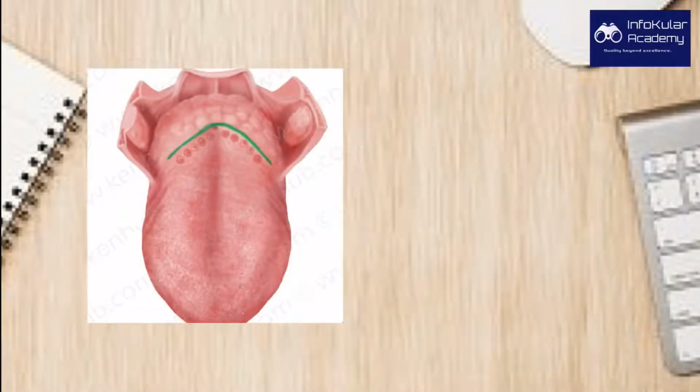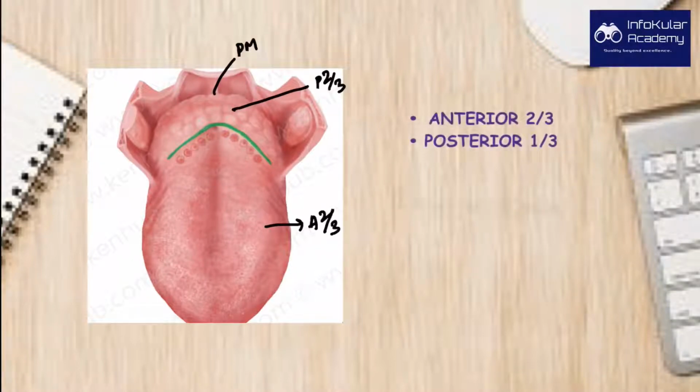Next thing is anatomy of tongue. If you look at this diagram, you can see that there is an anterior 2/3 and a posterior 1/3 of the tongue, along with a posterior most part. So there are three portions that we need to discuss: the anterior 2/3, posterior 1/3, and posterior most. इसको divide कौन कर रहा है?